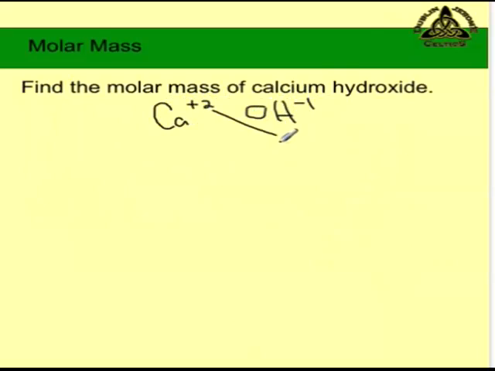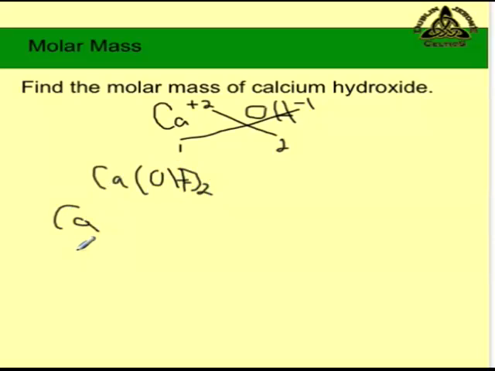If we do our little crisscross trick, we find that the formula for calcium hydroxide is Ca(OH)2.